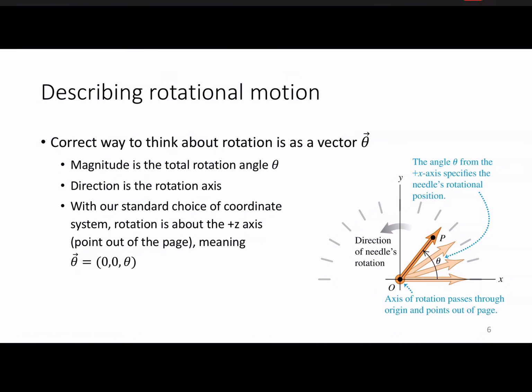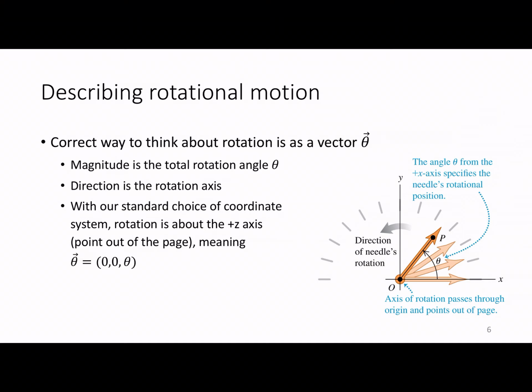Okay, so before we go into more detail on that, there's one other thing I want to mention about this angle theta. If I really want to be a correct mathematician or physicist, the way I should really think about this is as rotation being a vector. So theta written as a vector. If I want to define the rotation vector, theta's magnitude tells me how far I've gone.